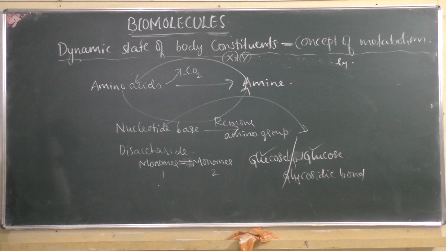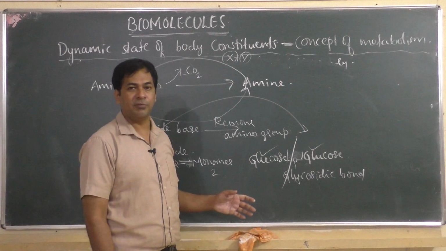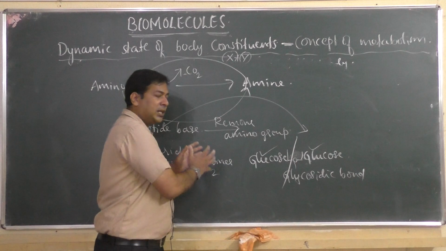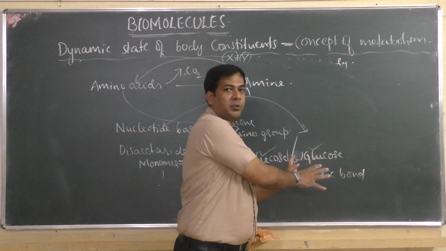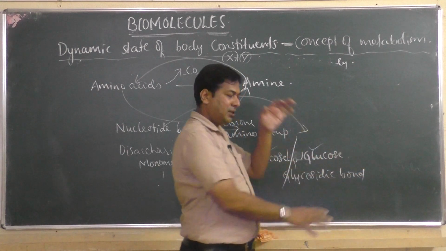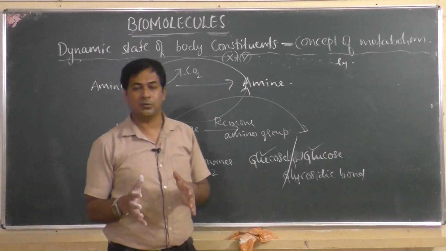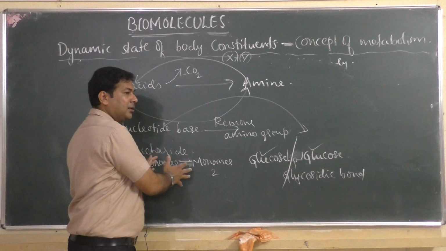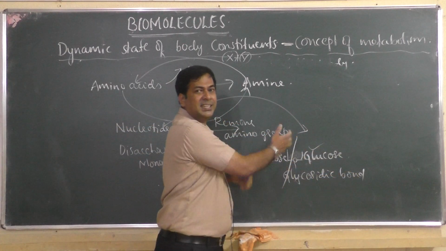So what is most important is the metabolite flow in a dynamic state of body constituents. Flow of metabolite means one intermediate compound changes to another intermediate compound. Metabolite, I told you, is an intermediate compound. So one intermediate compound changes to another, that changes to the next, like a series of reactions.